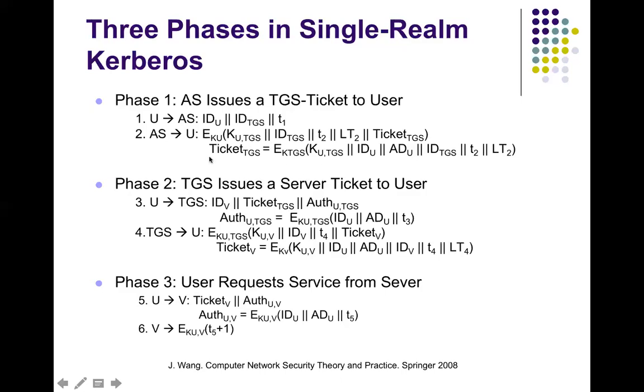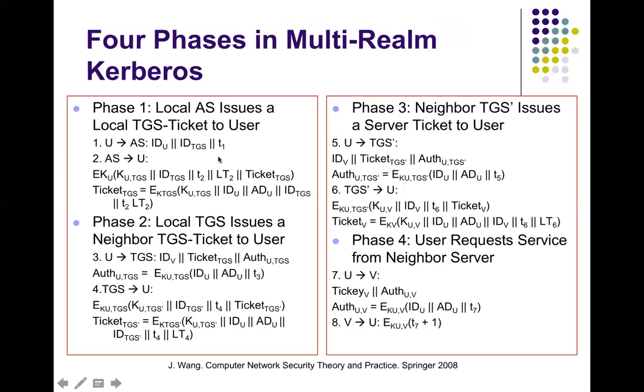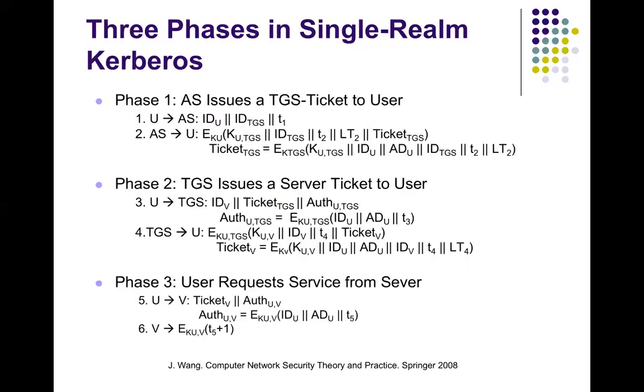So now let's first see what a ticket involves. What is involved here is the user's ID, the user's address, MAC address, the TGS server's ID, timestamp 2, and the expiration time for this ticket.